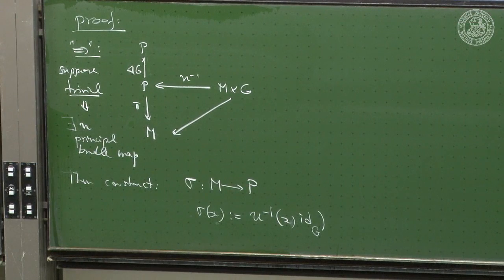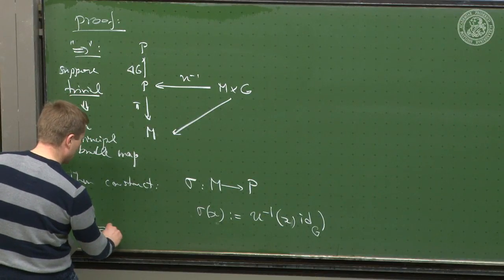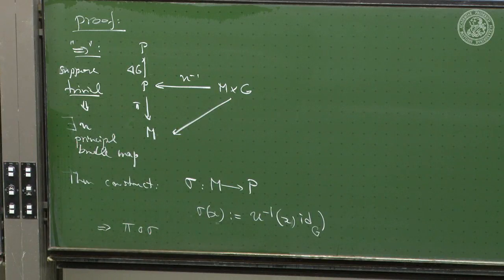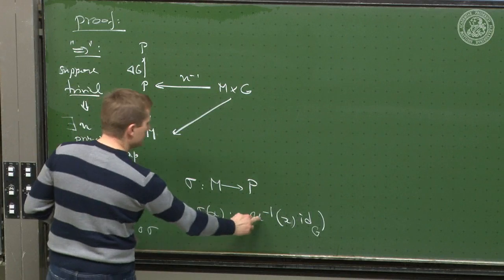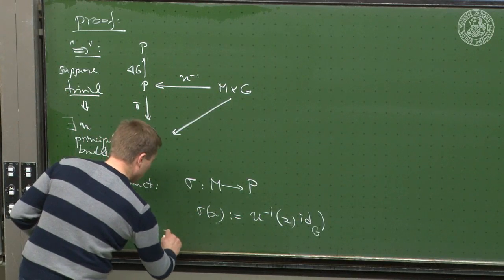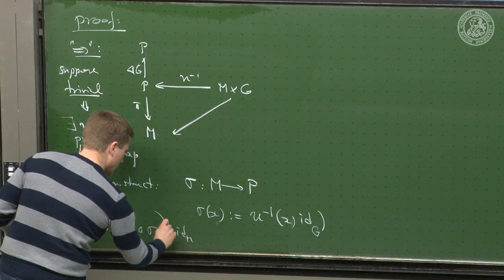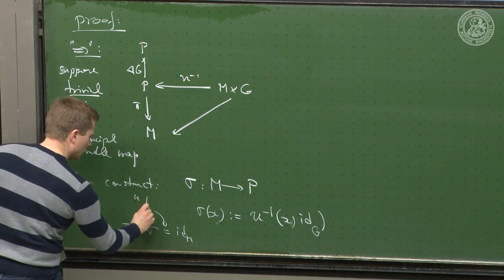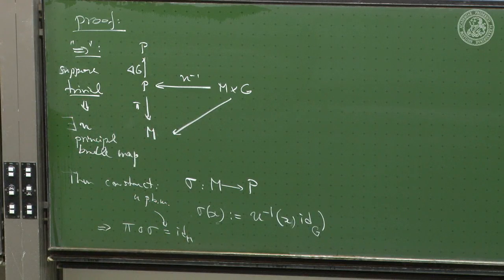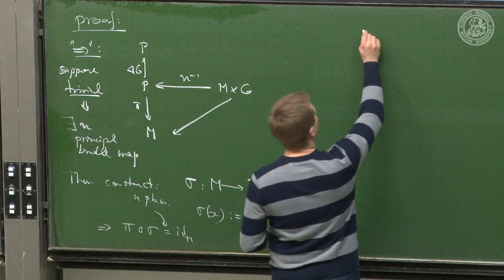And this is a section, because if you now apply pi after sigma, by virtue of U being a principal bundle map, it will give you the identity on M. And that's it. That's this direction of the proof.